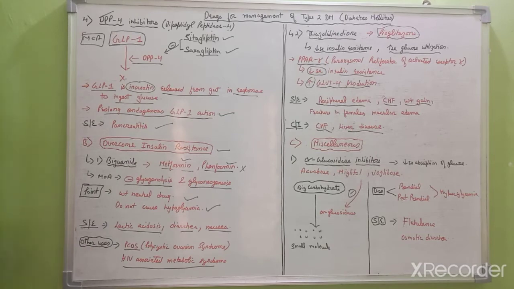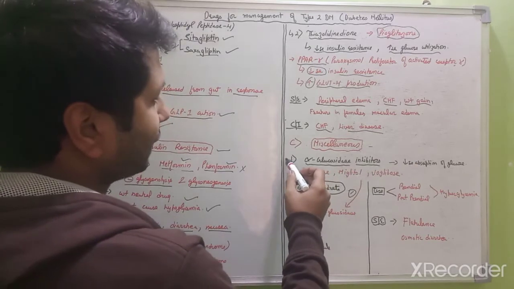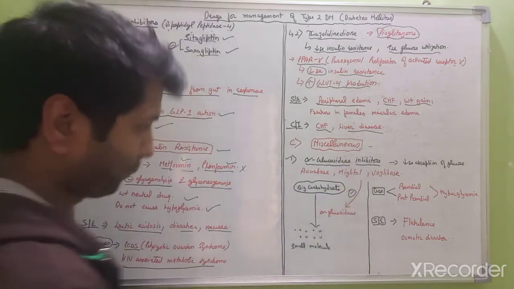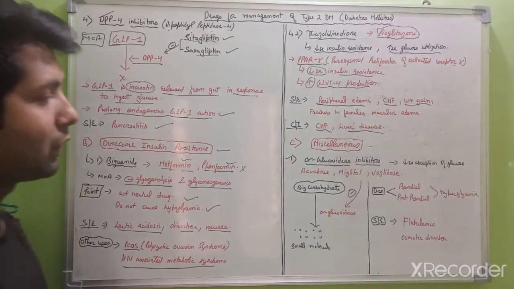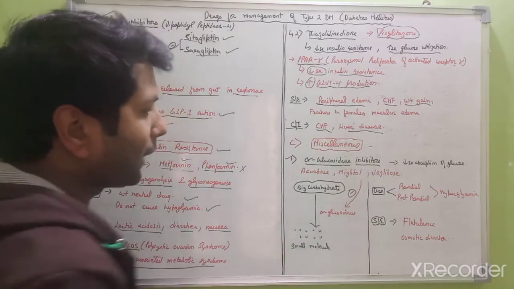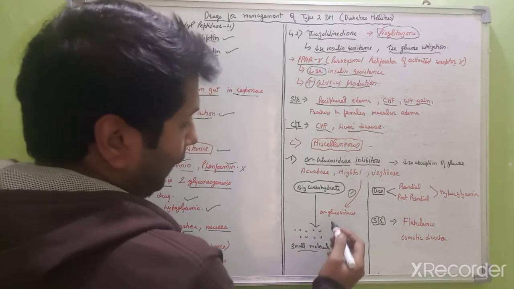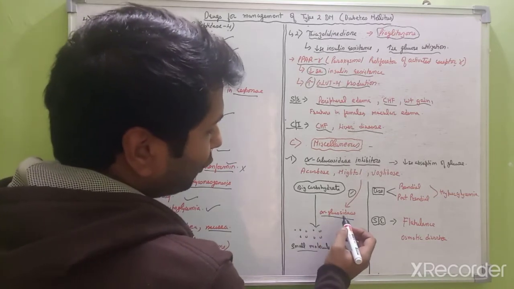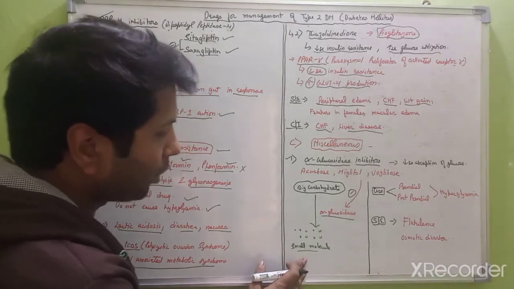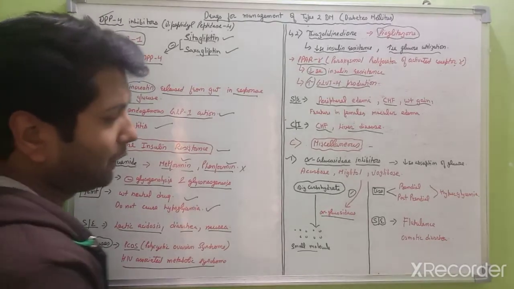Now the third and the last class is the miscellaneous drugs. The first category is alpha glucosidase inhibitors. The mechanism of action of this drug is that a big carbohydrate molecule is broken down into small molecules with the help of the enzyme alpha glucosidase, and after the breakdown into small molecules, they get absorbed into the body.